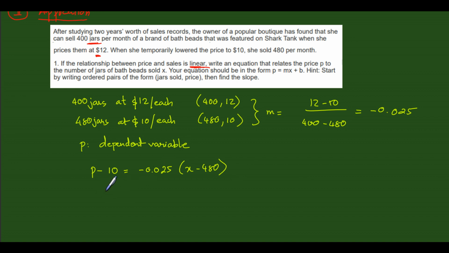So from here we have the point slope form. In order to get the slope intercept form, we just go ahead and expand them, plus this one. You go ahead and use the calculator really quick. Okay, plug it in, 12. Then from here I get negative 0.025x plus 22. So this is the answer.